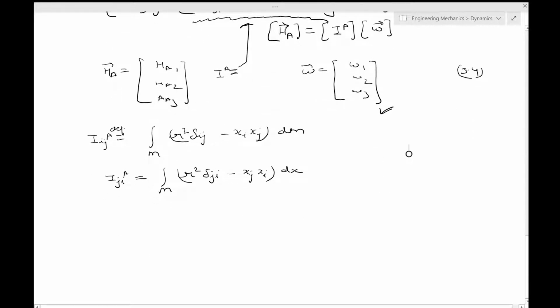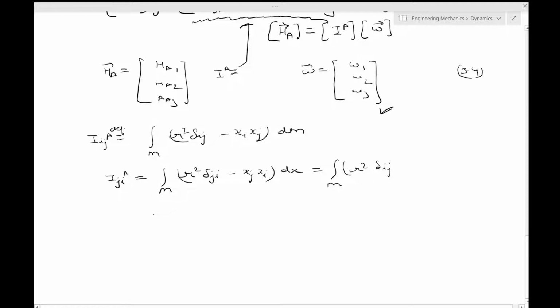Now taking this forward, I can write this as r squared delta_ij. The reason is delta_ij is a symmetric matrix.